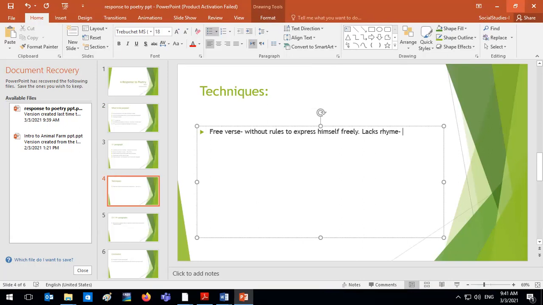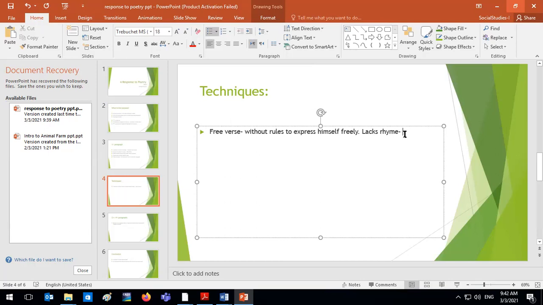So it would not be the right choice to rhyme, or to sound playful and fun. So this is the idea of why the poem lacks rhyme. So again, in free verse, this is the first technique you can talk about.